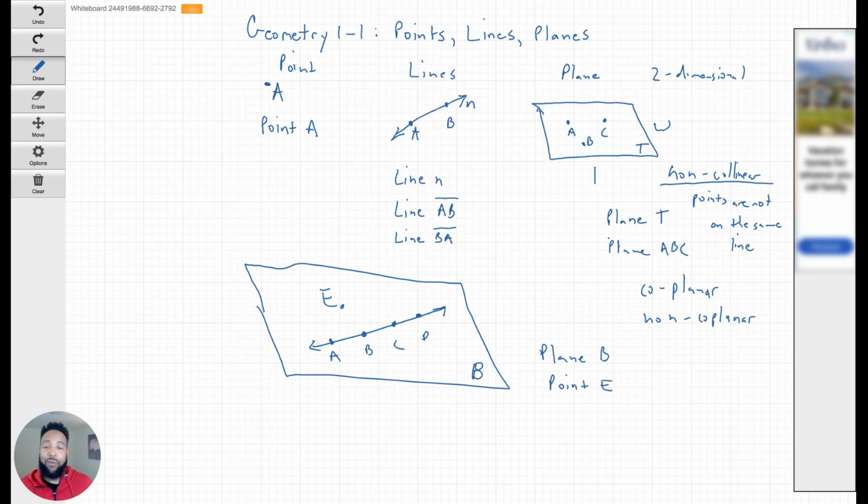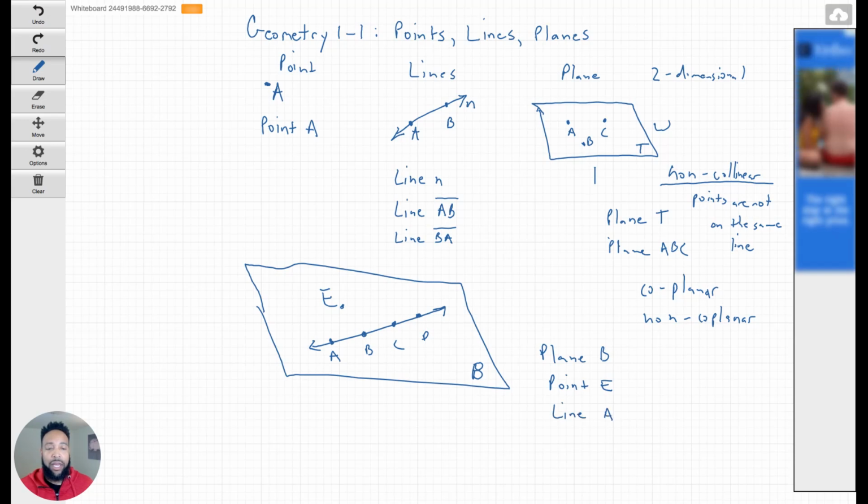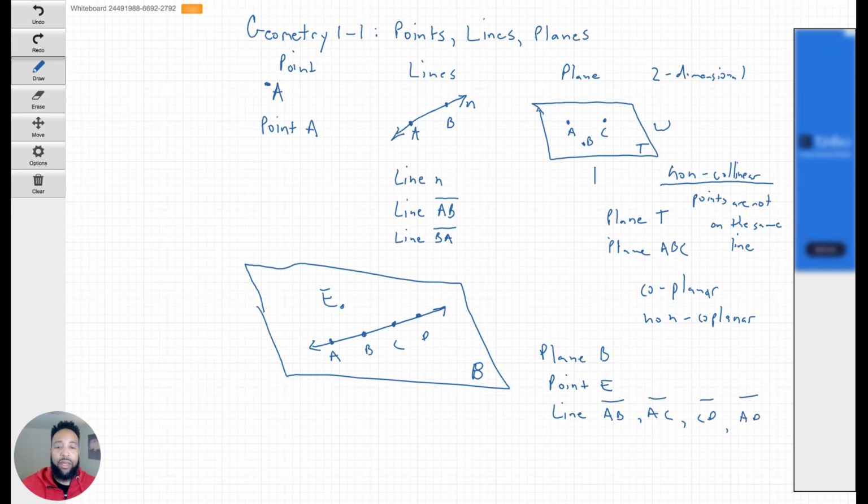Remember, with a line, we could use two letters, so we could say line AB or line AC, or CD, or AD. Now, also, we can name this plane, remember, 3 points that are non-collinear to each other. So we could name this plane, say A, B, and another point, because all points are not on the same line.